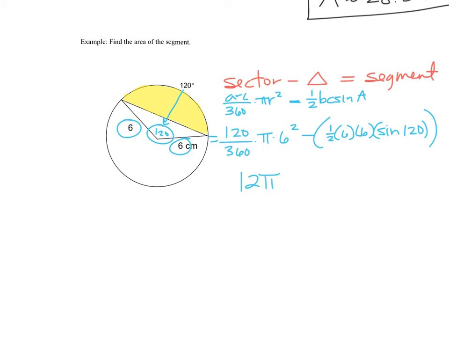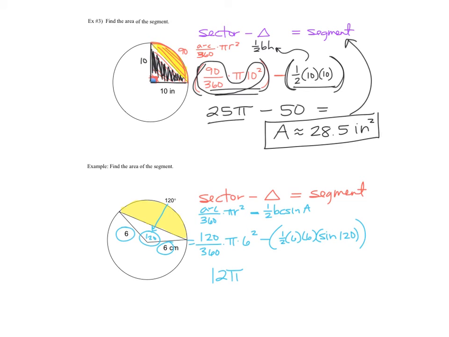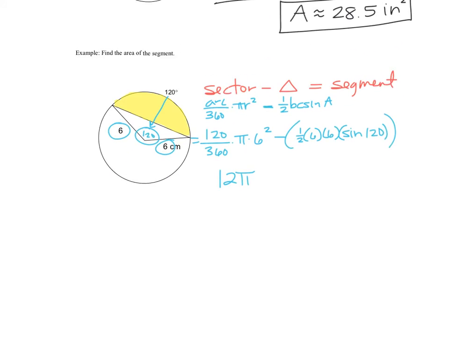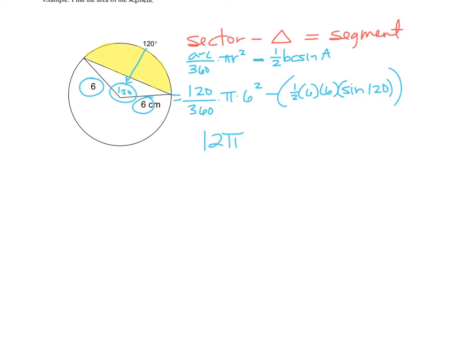Okay, so if you just remember that it's an SAS triangle, and think back to this one, right? 10, 90, and 10. So you could do that on that one too. I just think it's easier to do 1/2 base times height for that one, but totally up to you. If you want to do 1/2 BC sine A on every single one of these, you can, okay?